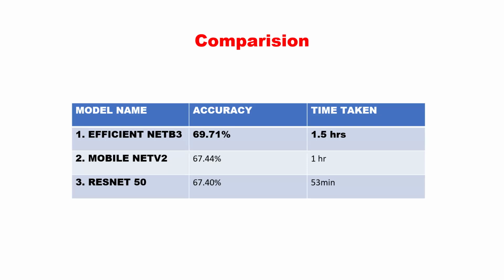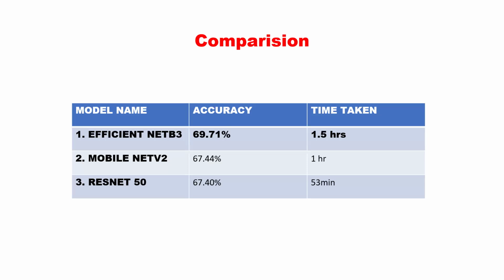Next slide. After our literature review, we found many baseline CNN models. On our raw dataset, without using any data preprocessing techniques, we trained various models. Among them, we chose three models to compare: EfficientNet V3, MobileNet V2, and ResNet 50. EfficientNet V3 was not used up till now.